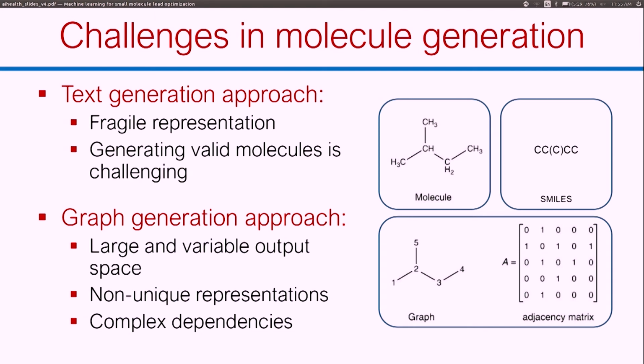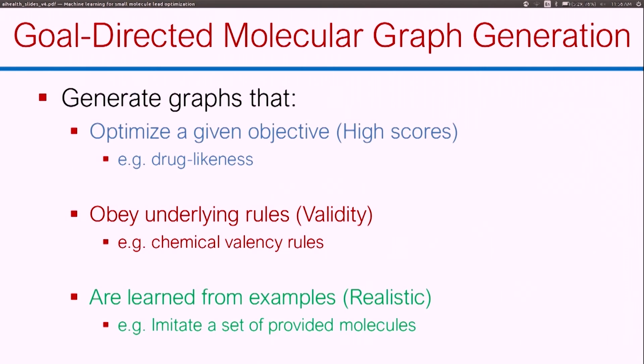Small character changes can result in a big change in the molecule structure, and small changes can completely invalidate what the structure is. There is also more recent work on graph generation approaches where you directly generate a graph. And there are also a lot of challenges in doing this well. But our work focused on the graph generation approach.